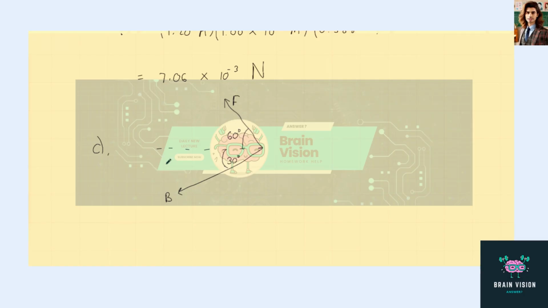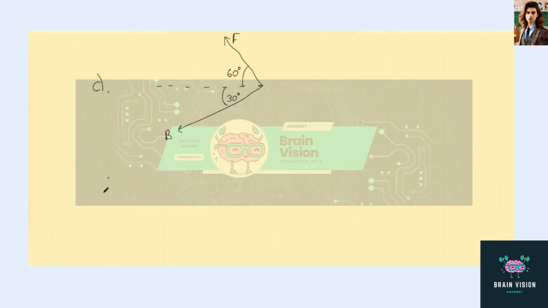So again, we have the angle between the current and B to be 90 degrees. And so our force, again, is I times L times B times sine of 90.